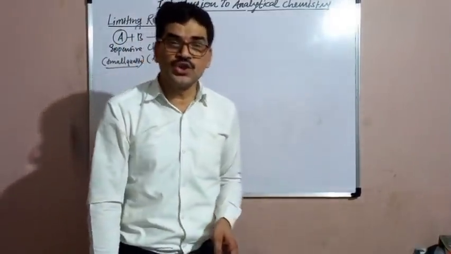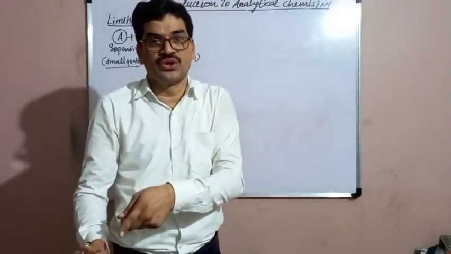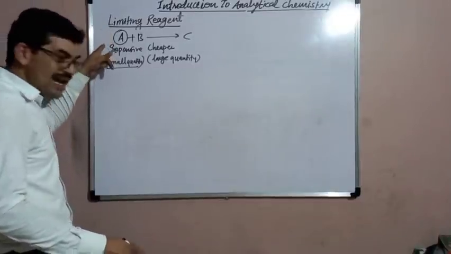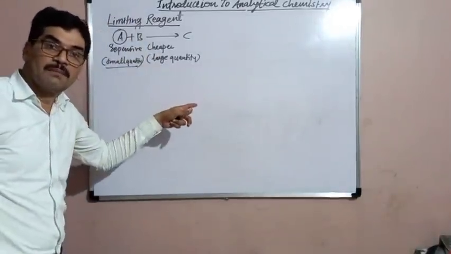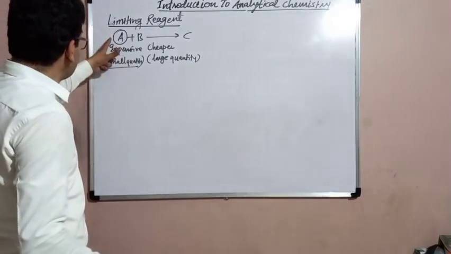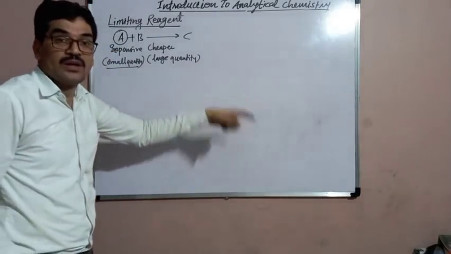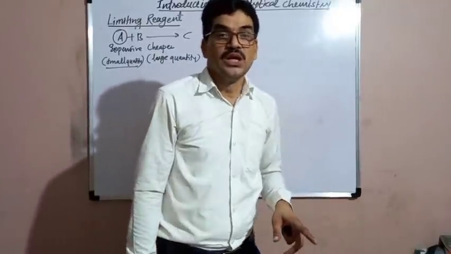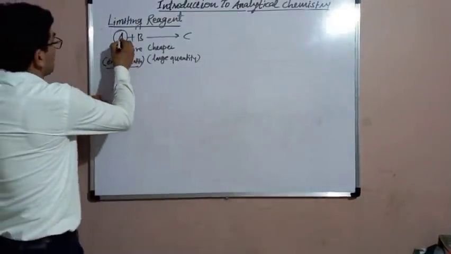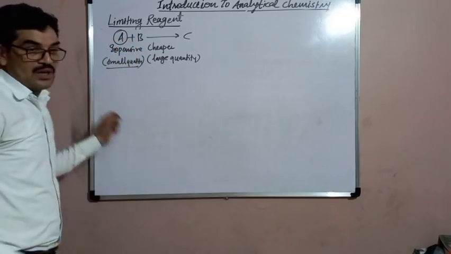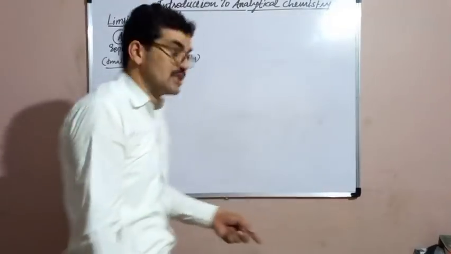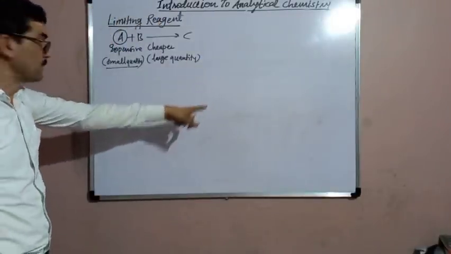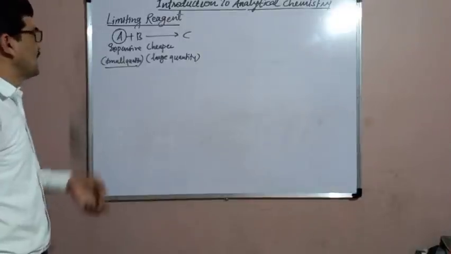The reaction proceeds until that reactant is available in the reaction mixture. But once that reactant gets completely consumed, the reaction cannot occur, the reaction stops. So that reactant which limits the further progress of the reaction is known as the limiting reagent.